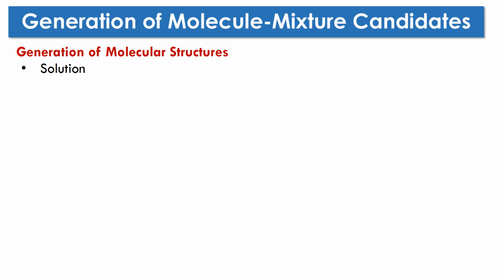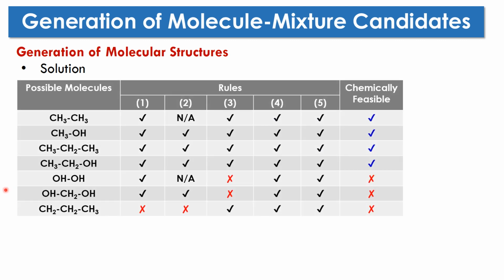Okay, so then we can simplify the previous table to be like this. Based on each of the possible molecular candidates, we identify which rules it satisfies and does not satisfy. For any compound, if only one rule is not satisfied, then of course we consider that the overall molecule is not feasible.